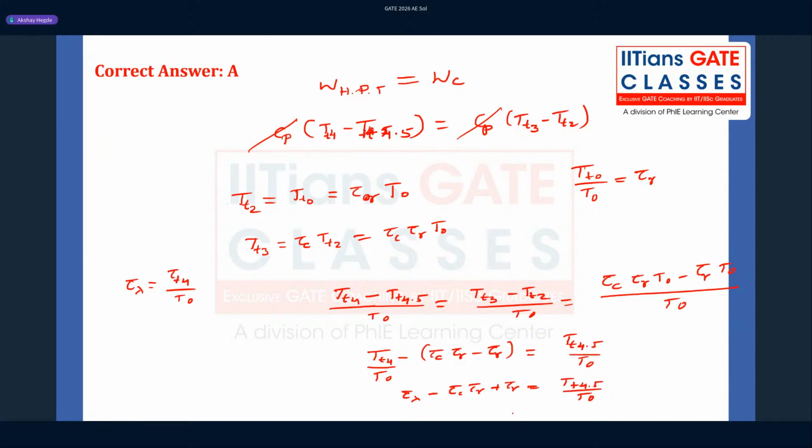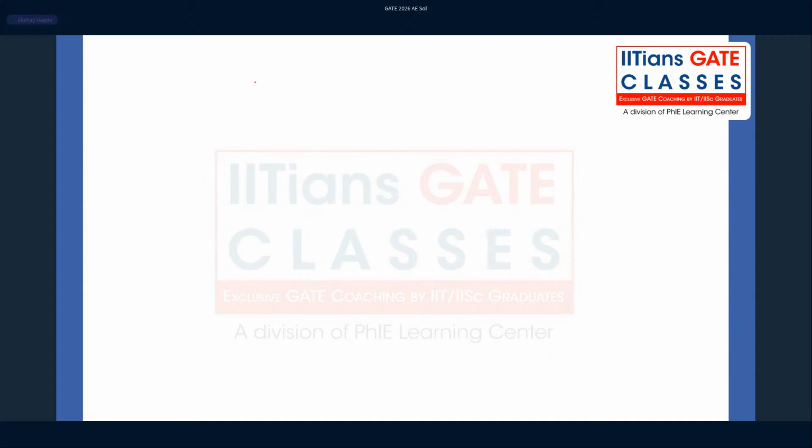Go to the next page. What we have now is Tt4.5 over T naught equal to tau lambda minus tau r times (tau c minus 1). Since we need the ratio of Tt4 to Tt4.5, I'm going to multiply and divide by Tt4.